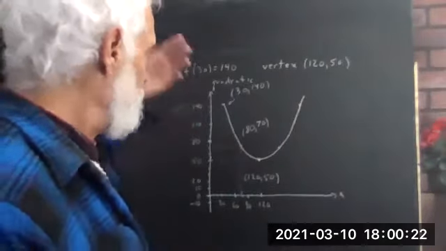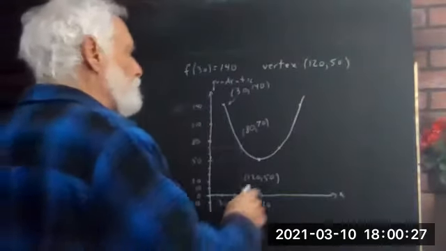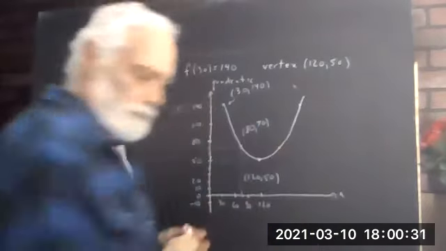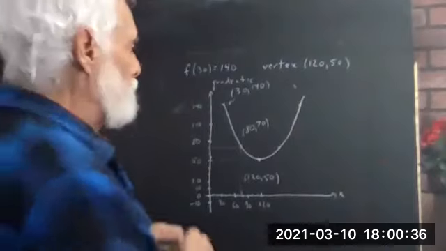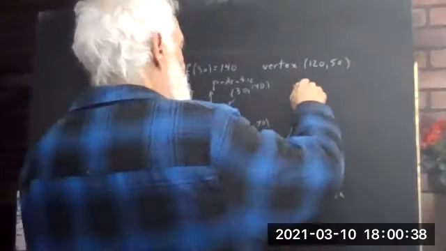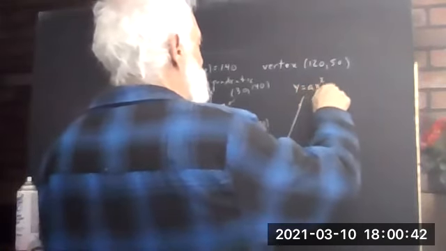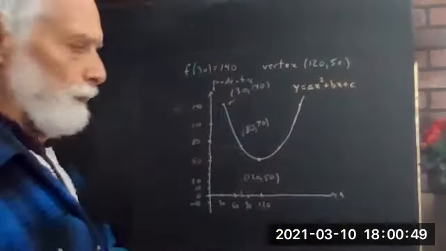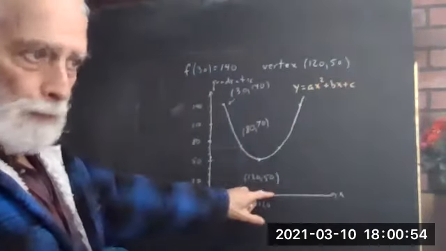Okay, so now the equation of the parabola is y equals ax squared plus bx plus c. Well, the point 120, 50 is on the parabola.